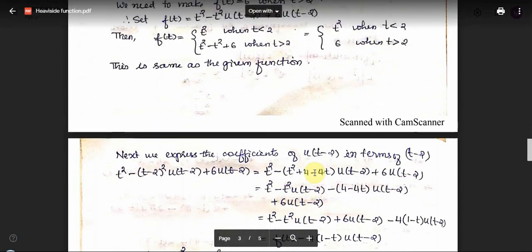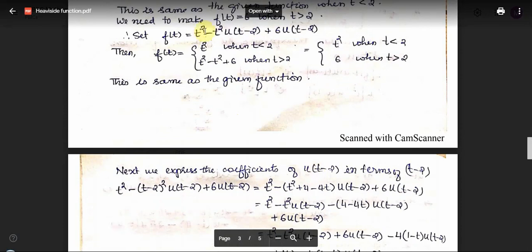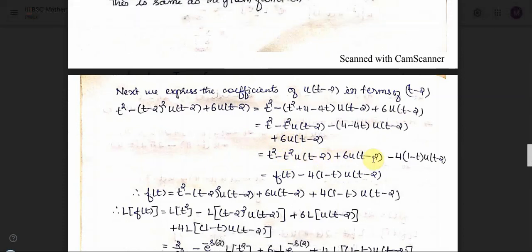Now we will match this with the original function and see what is the extra part. We will see which is my function and what is that extra thing I should add so that it becomes equal to this one. We have opened up all the brackets over here. Now we will match with the original function, t square minus t square into u plus 6u. That is the original function. So I have here t square minus t square into u plus 6u. After calculation and simplification here, this is the extra term which is to be added.